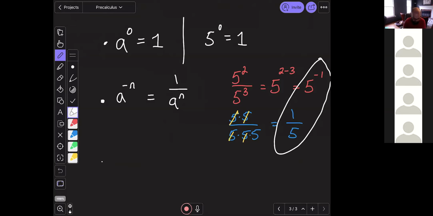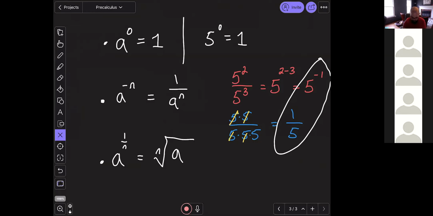And the last, the most important thing from this list, so these two are particularly important. And then what if we have a fraction? Okay, so if I have a to a fractional power, like 1 over n, something like this, then we can view this as a root. So this is the most general form.